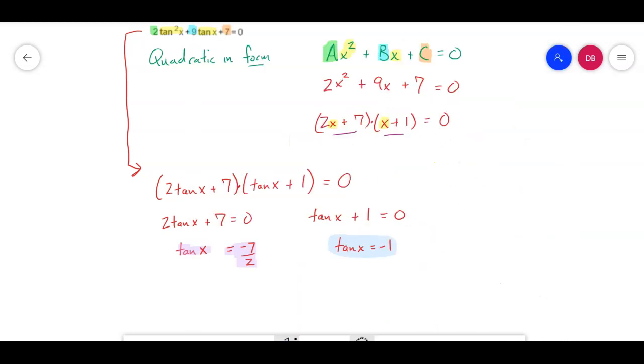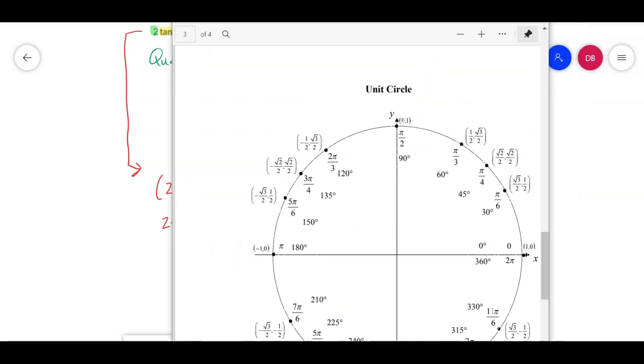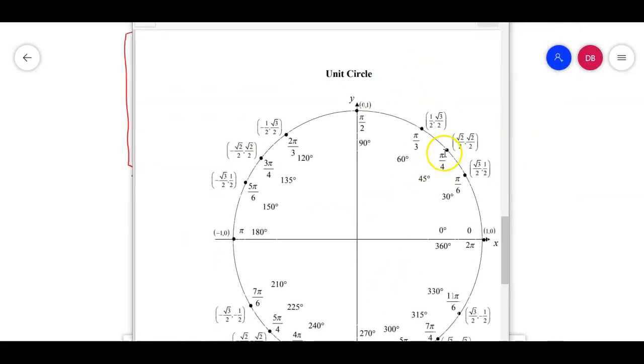But we can find the place where tangent's negative 1. Remember what we said last time. This is where tangent's equal to positive 1 at pi over 4. If we flip that over the x-axis at 3 pi over 4, we're on that same trajectory coming from the origin, but just coming downhill left to right.